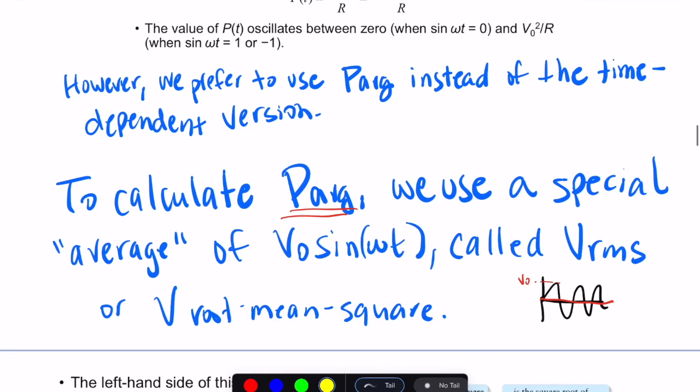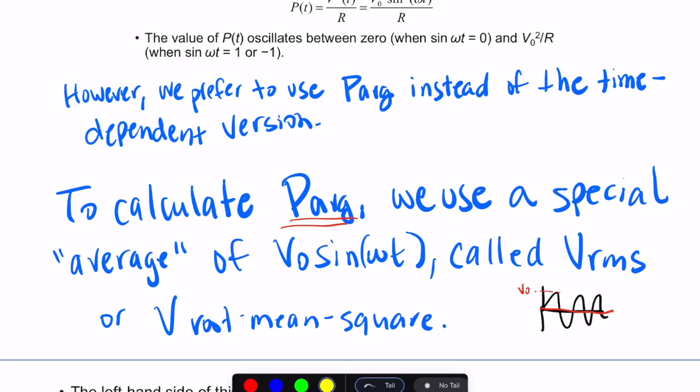And to calculate that, we're going to use a special average, okay? That's because if you were to average a regular sine function, right? Here's a sine function. It has just as much of its function above 0 as it is below 0. So the average of that function would actually be 0, which is not super helpful, is it?